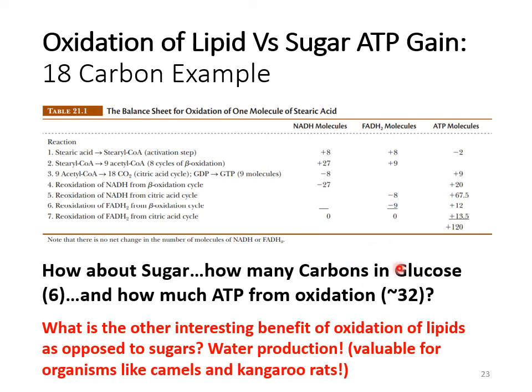Well, you would need 3 glucose molecules to make the 18 carbon, and so that would yield 3 times 32, which would still give you a lot less ATP than the lipid, because that would give you 96 ATP from oxidizing glucose as 18 carbons, whereas the lipid you're getting 120 in that particular example.